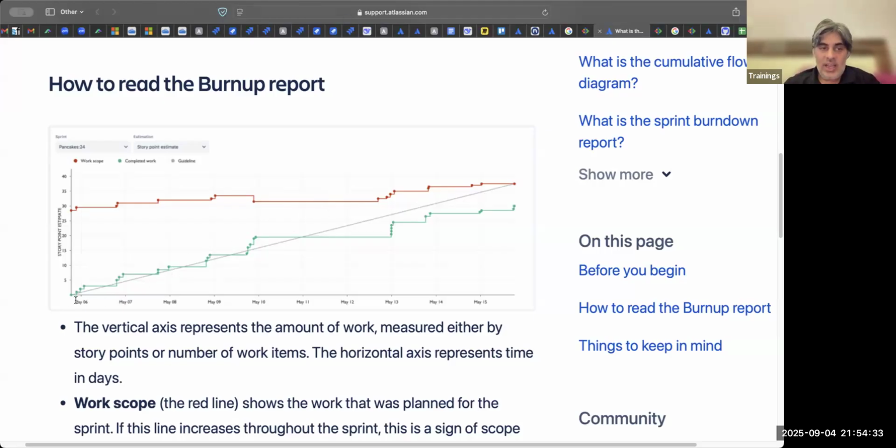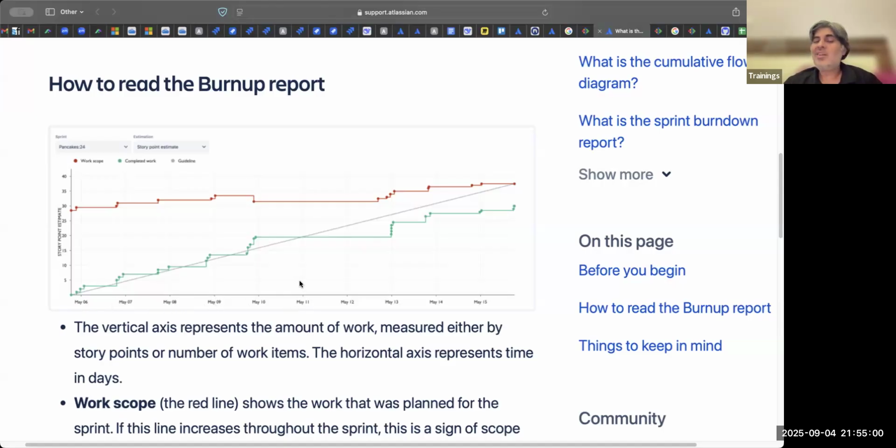So now the green line will tell you the stories which were completed. On day 2, we started with 0. Day 2, we completed 7 points. Then we completed 12 points. Then we completed so many points. Then in this period, we did not do anything. Probably maybe this is Monday, Tuesday, Wednesday, Thursday, Friday.